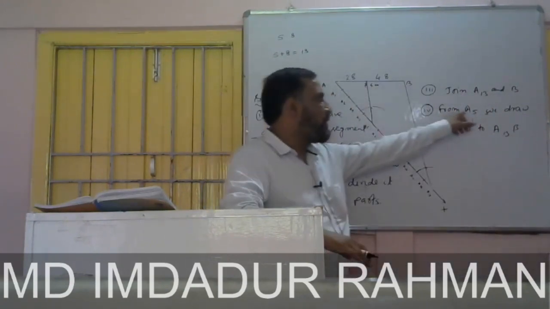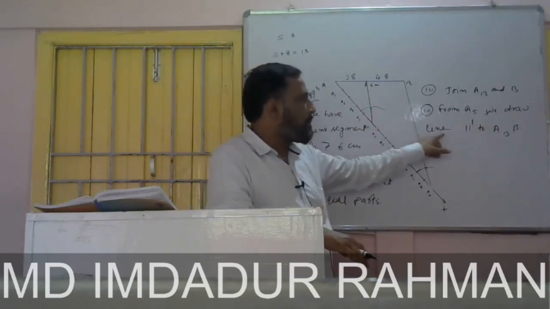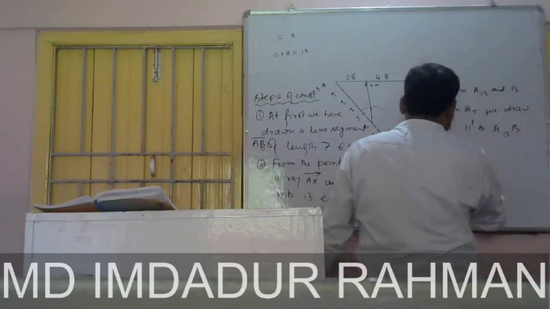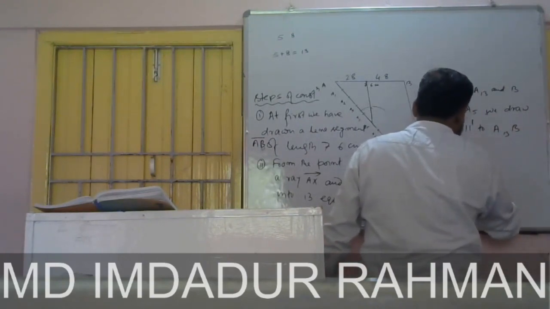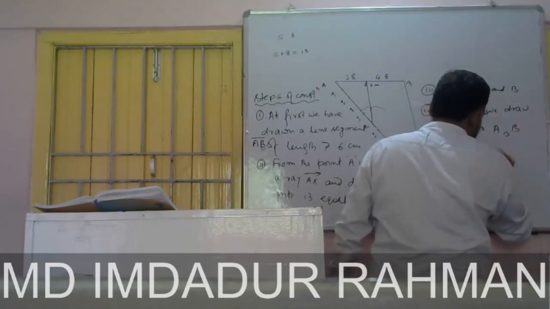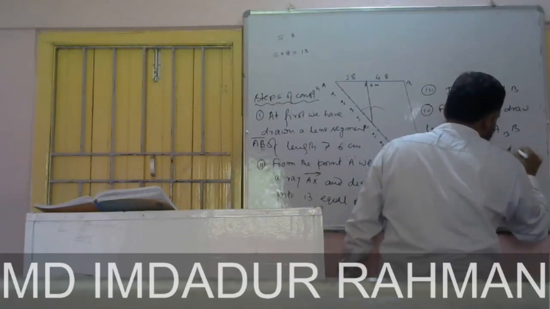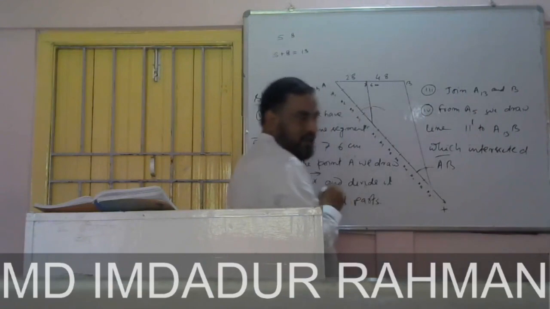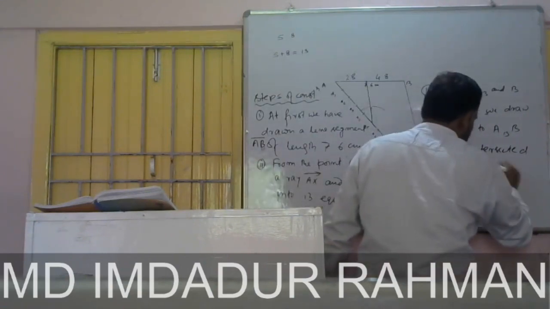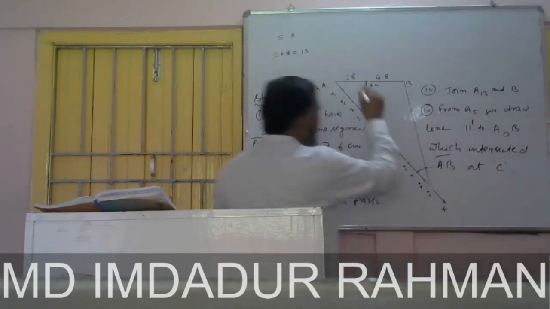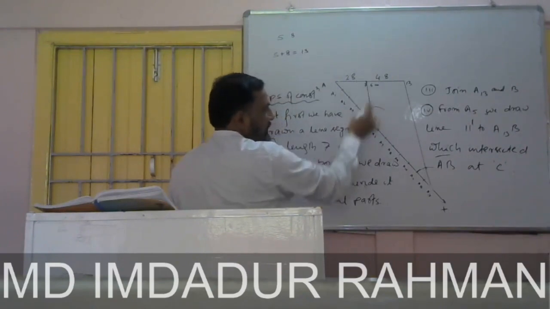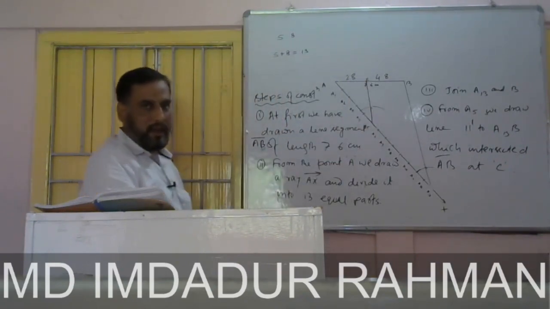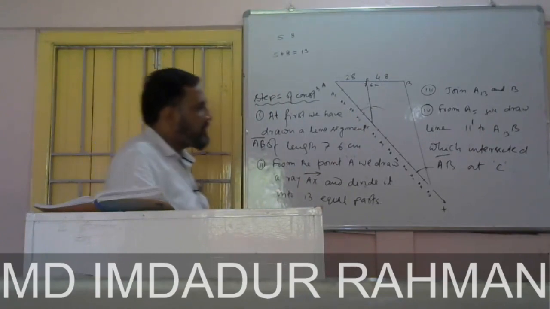From A5, we draw a line parallel to A13B, which intersected the line segment AB at C. Where it intersected, after drawing the parallel, we mark it here C. Okay? This is finished.